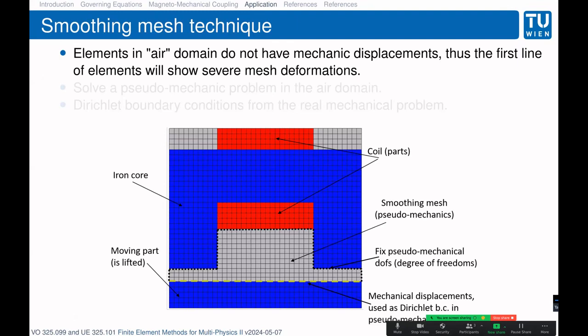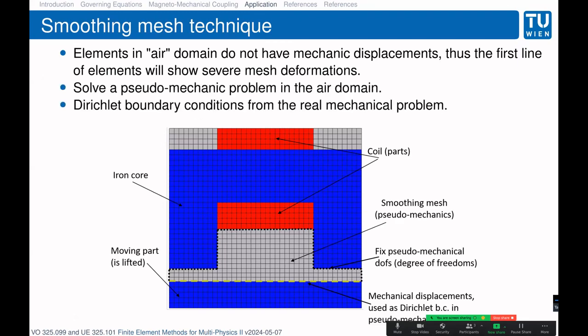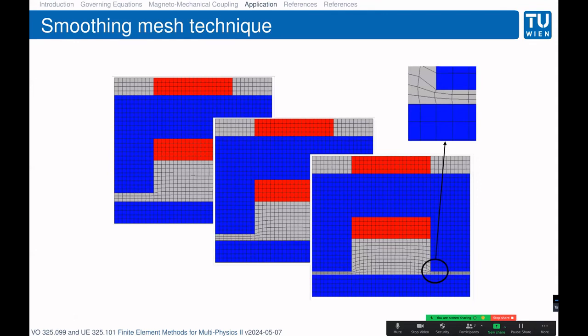And in this sub-problem, you can apply the displacements here at the boundaries that you have computed, for example, from the real mechanical problem, and thereby get a nice transition of the mechanical deformation. So here I have a visualization. If you use this technique, you get this sort of smoothed mesh that deforms like a mechanical structure would.